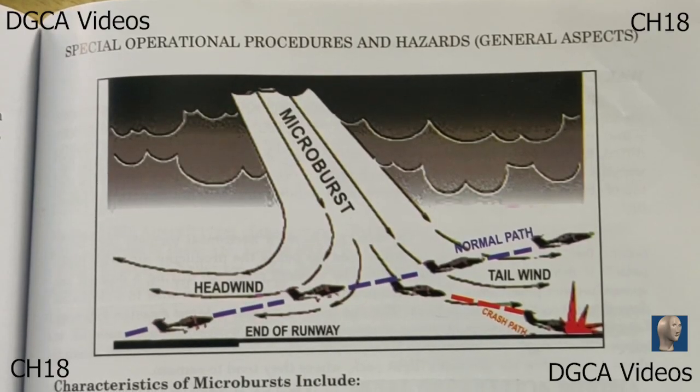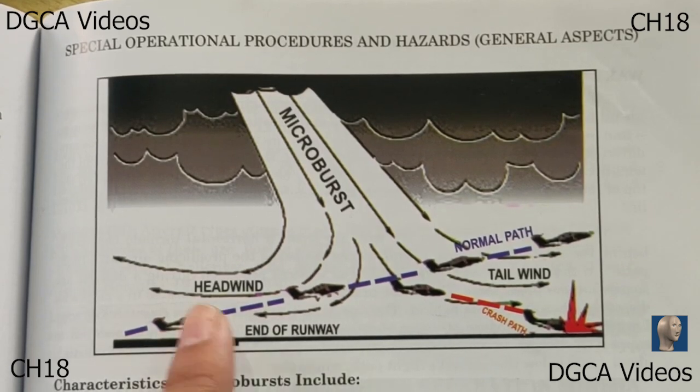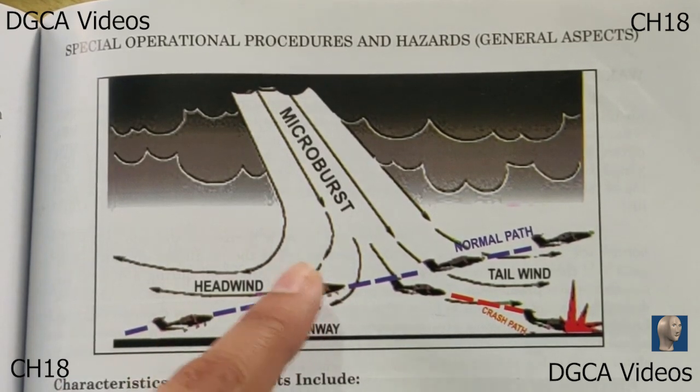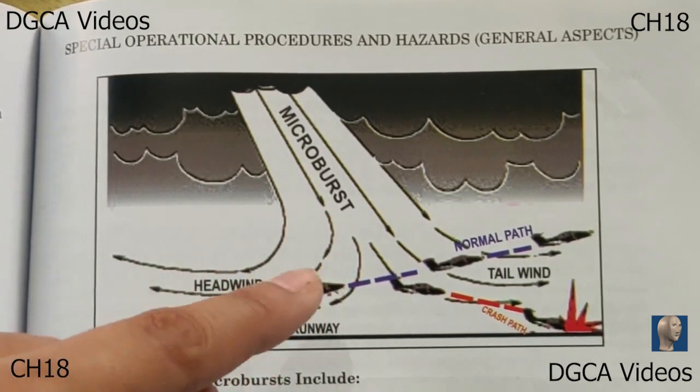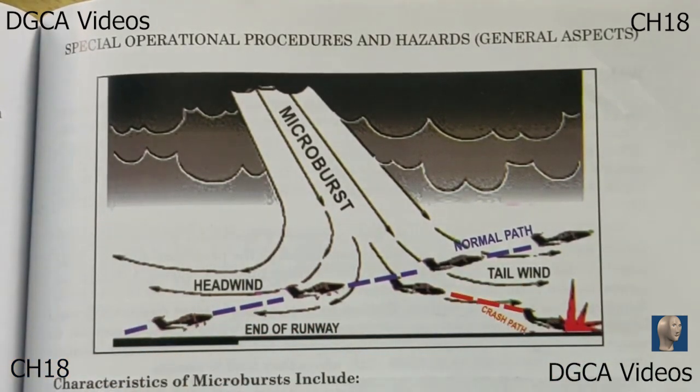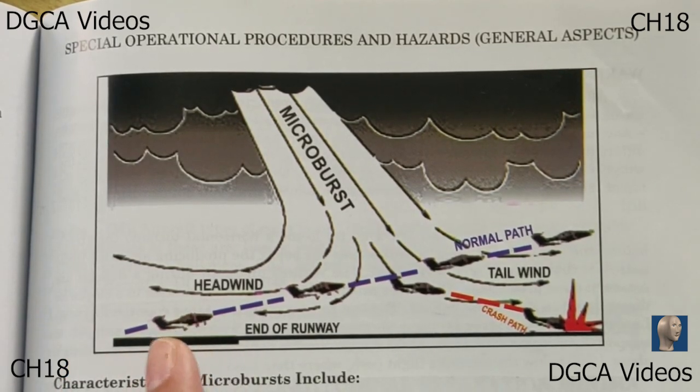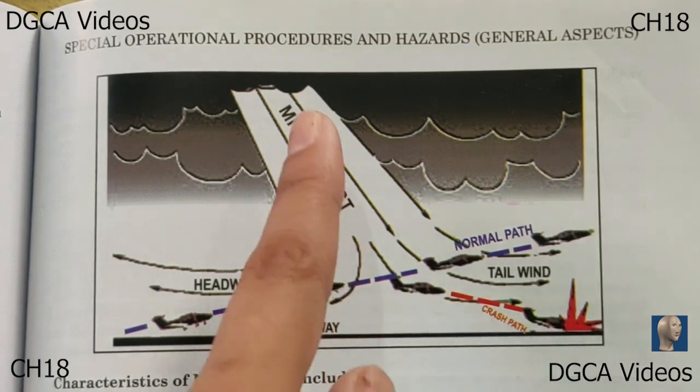This is a picture of a microburst, and this is a runway. If you see, this is a headwind from this direction, and if you are going here, you'll encounter tailwind. On takeoff, the aircraft may encounter headwind first, which will enhance the performance. When you reach here, then the downburst occurs.